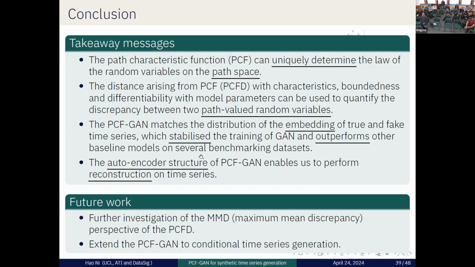And by incorporating the auto-encoder, the PCF-GAN is scalable for learning the distribution of high-dimensional time series data. And this auto-encoder structure also enables us to reconstruct the path from the embedding.